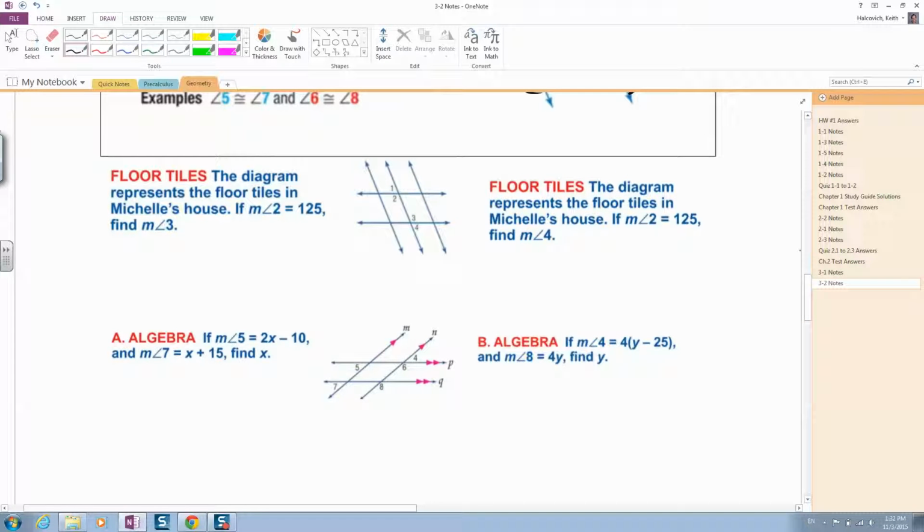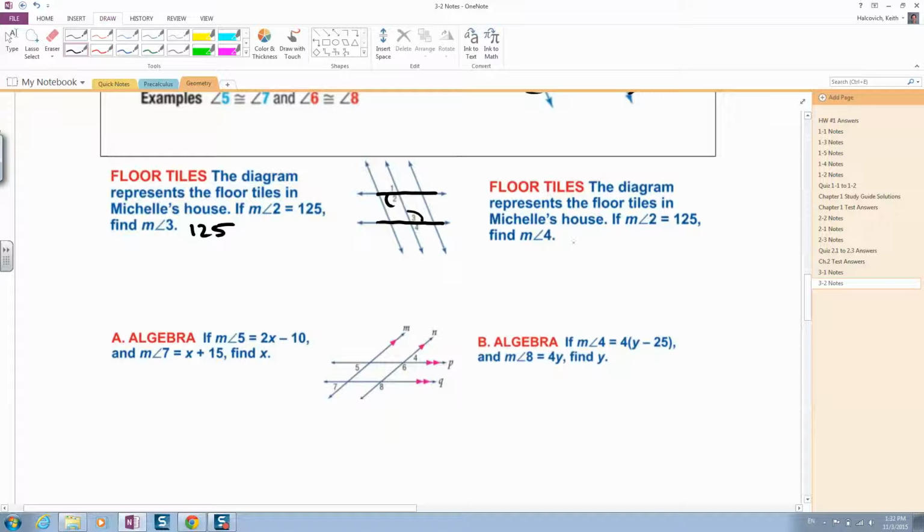So in this diagram here, it says the measure of angle 2 is 125. Find the measure of angle 3. Well, notice here's the two lines that are parallel, and these are alternate interior angles, so the measure of angle 3 is 125 because they are equal. In the same diagram, angle 2 is 125. Find the measure of angle 4.